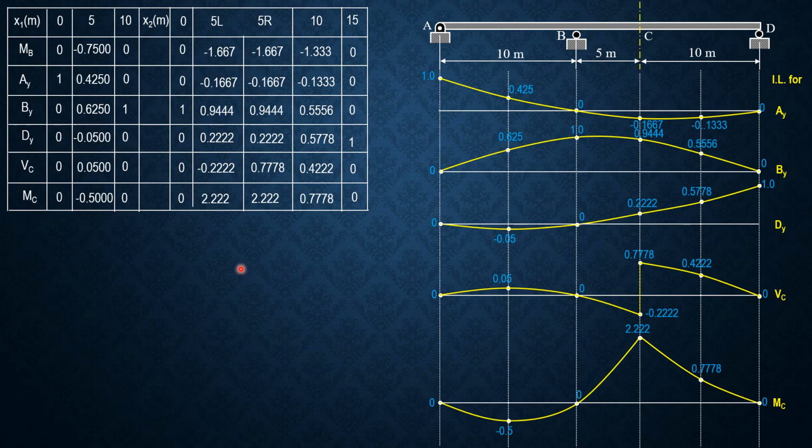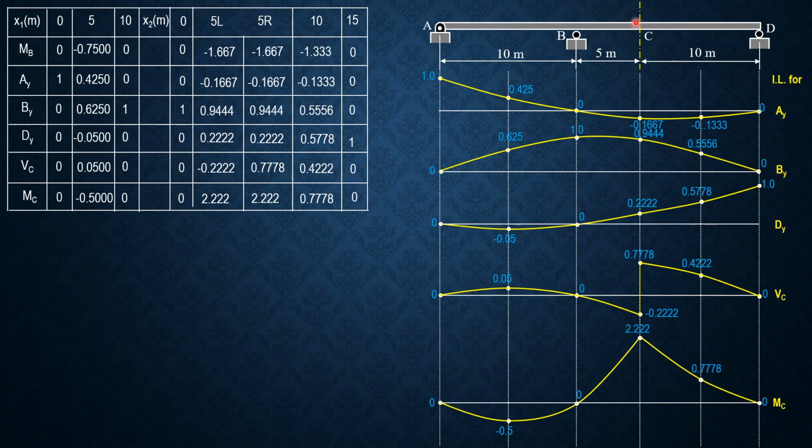I hope that you were able to follow and understand the solutions as well as the explanations. As I said, you may solve this in your own way, but I solved this in general using the three-moment equations and the general expressions for moment.